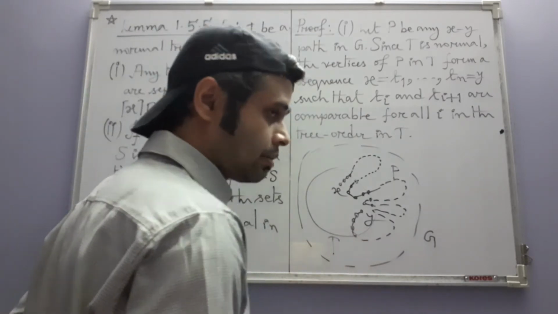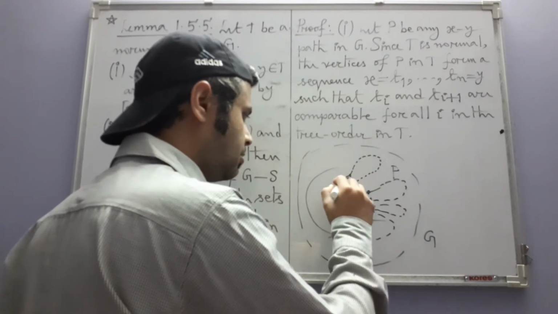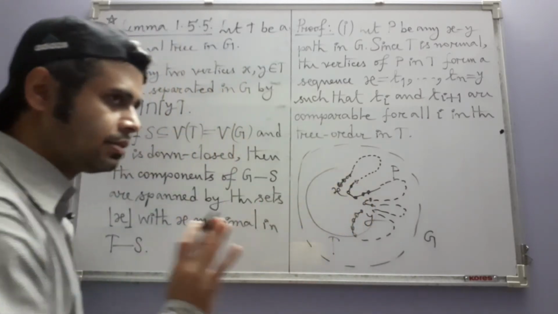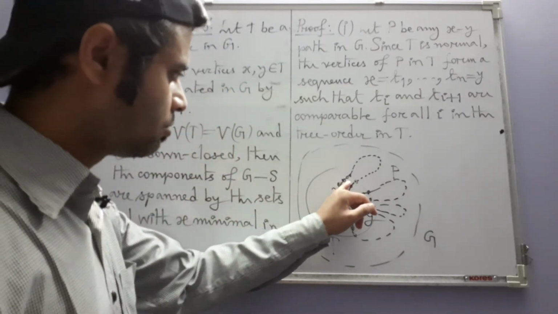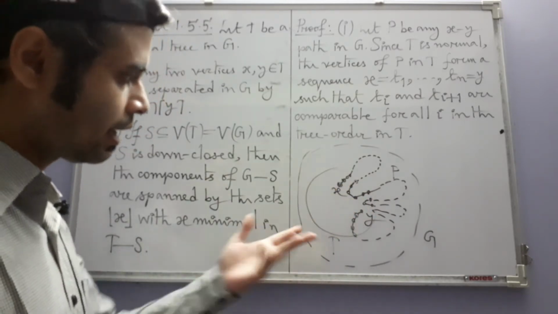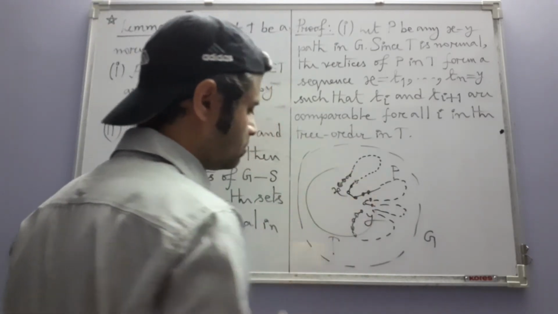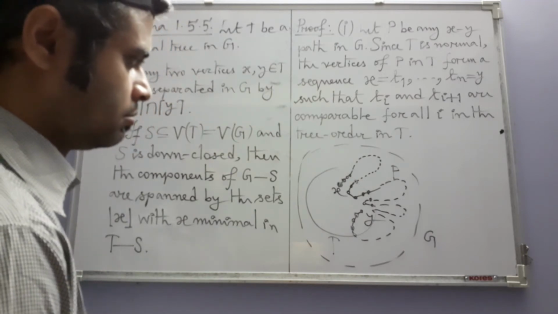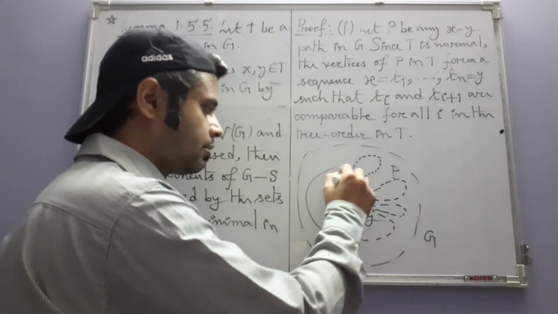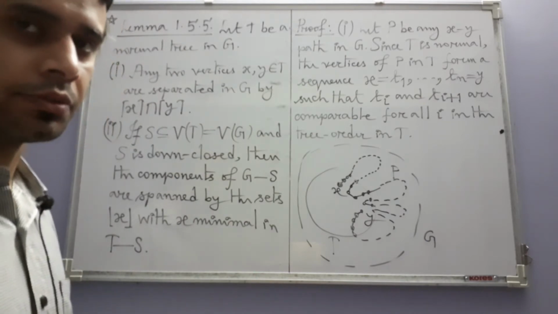So there are two types of vertices of the path P in T. These adjacent vertices whose edges, the edge that joins them, are parts of T. And those vertices such that the links between them are not parts of T.